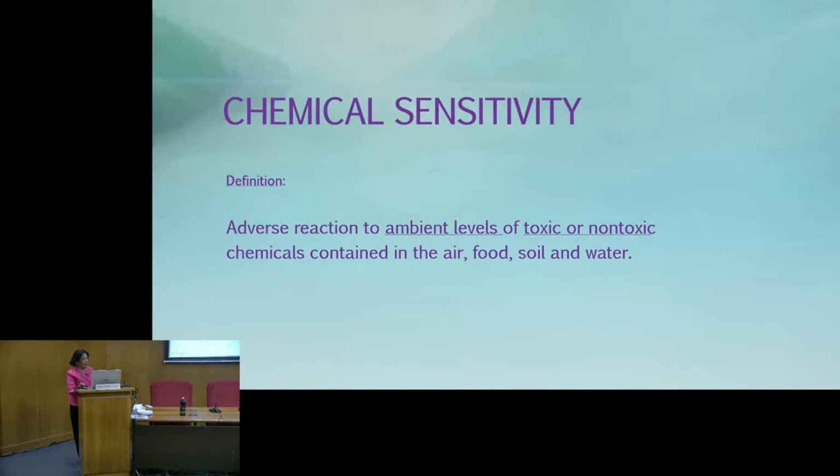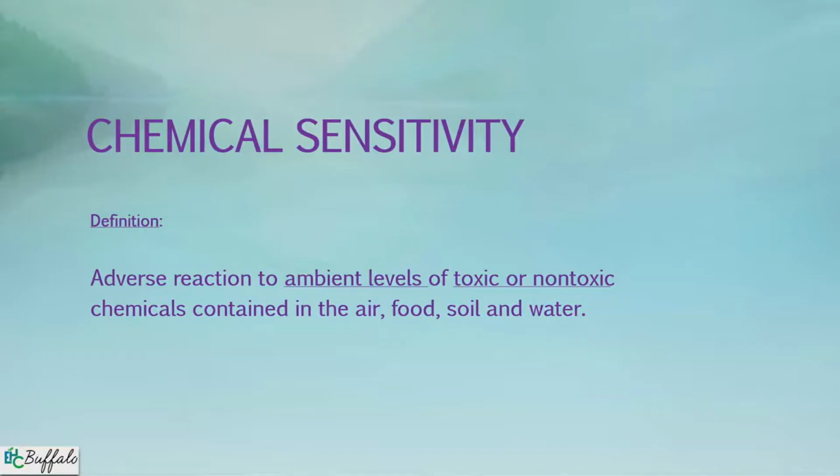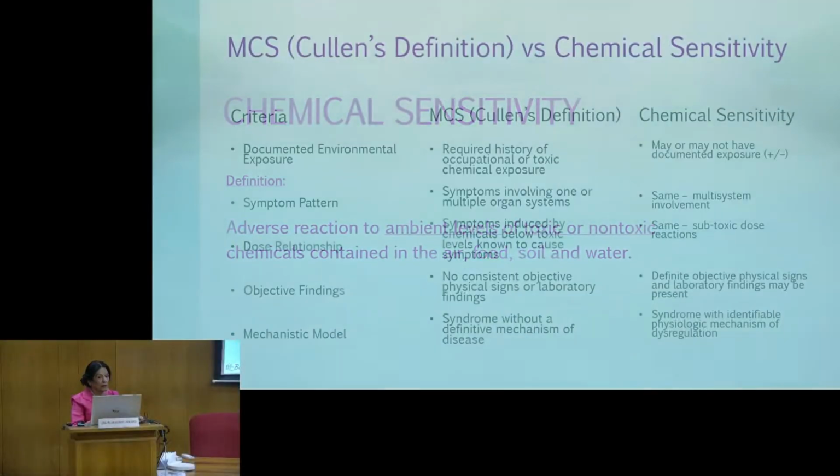So in order to define chemical sensitivity, I want to make sure that we understand that it is an adverse reaction to ambient levels, which is not a toxic level, either to toxic or non-toxic chemicals contained in the air, food, and water, including the soil, because our soil and our water both are contaminated and increasing in the total load.